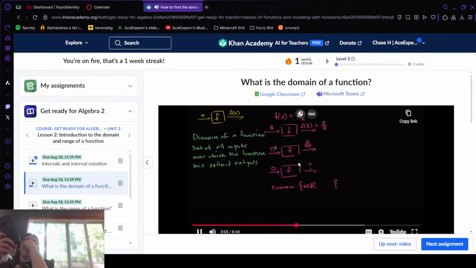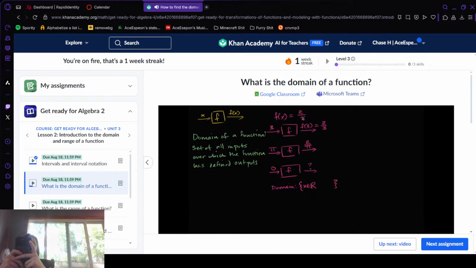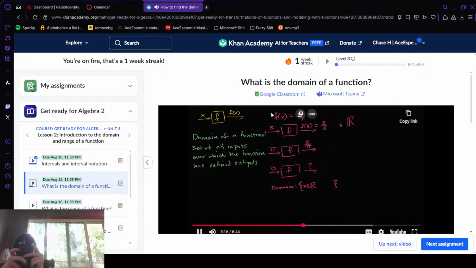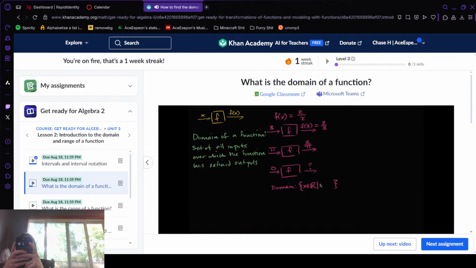It can be most of the real numbers, except it cannot be 0, because this definition is undefined when you put in an input of 0. When we write real numbers, we write it with this double stroke right over here. That's the set of all real numbers such that x does not equal 0.